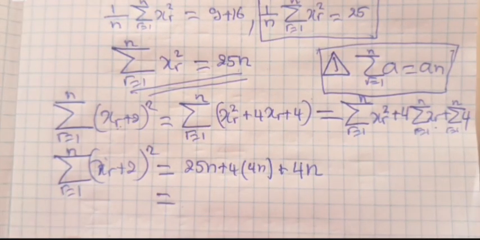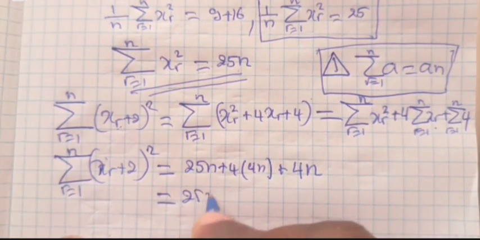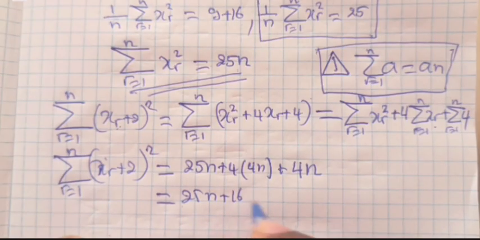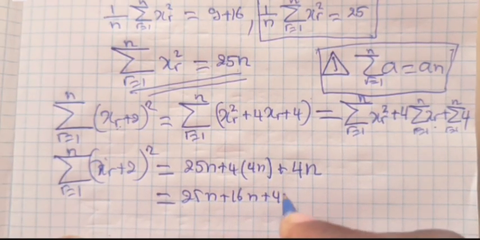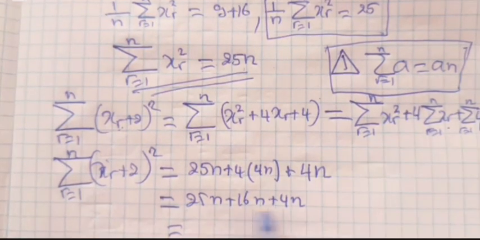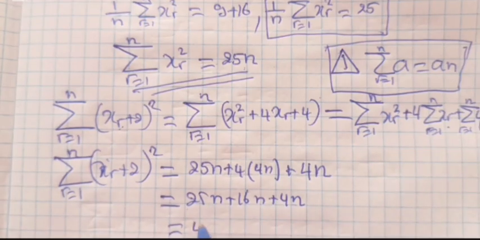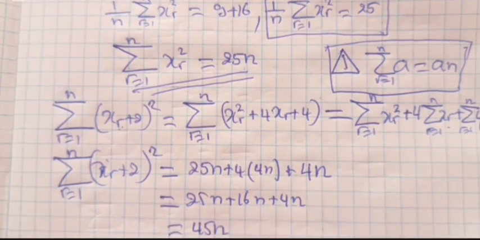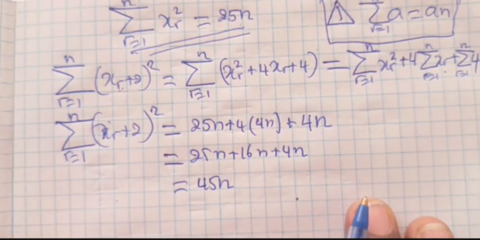This will be equal to 25n plus 16n plus 4n. This is 16 plus 4, that is 20. 20 plus 25, that is 45n. Okay?